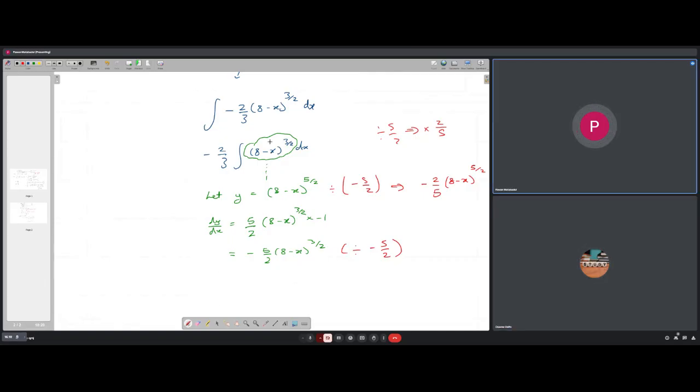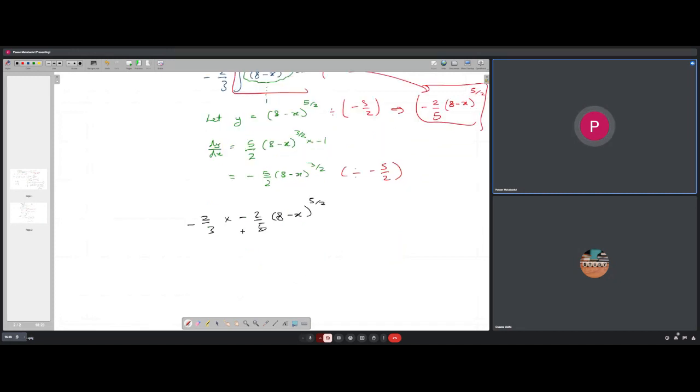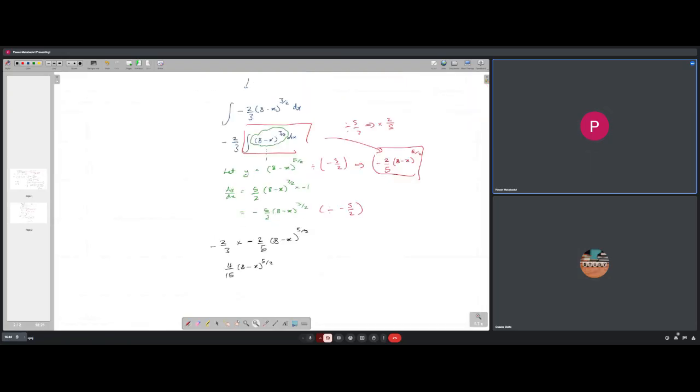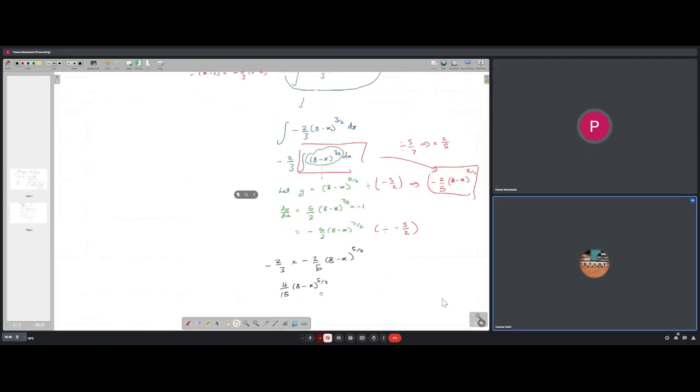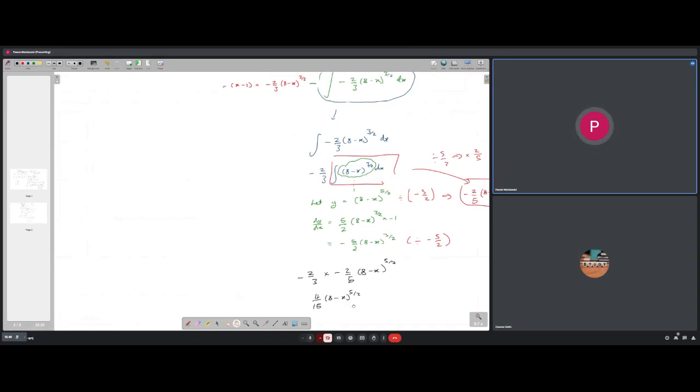So then we know that this whole thing will just be minus 2/3 multiplied by minus 2/5 8 minus x to the power of 5 over 2. So then you would have 4 all over 15 times 8 minus x to the power of 5 over 2. Okay? Now, that's the most difficult part done.